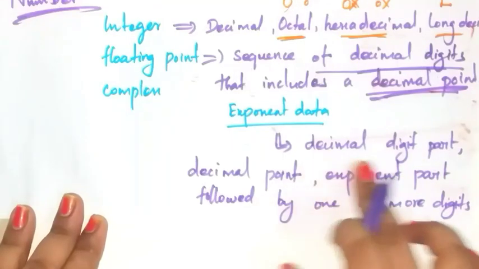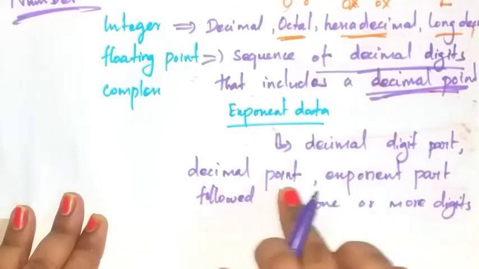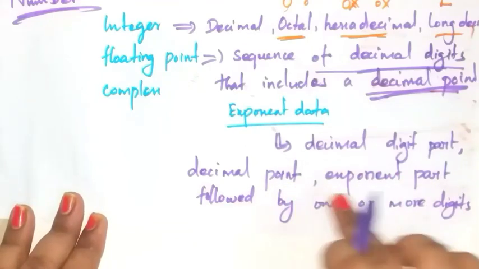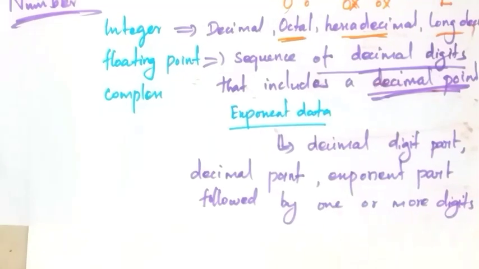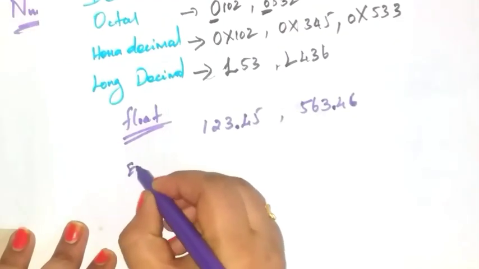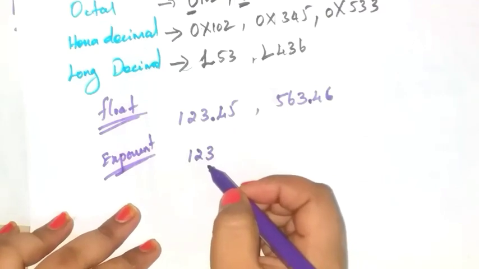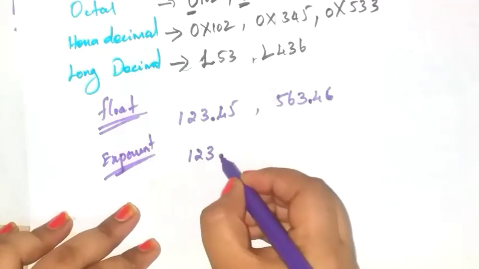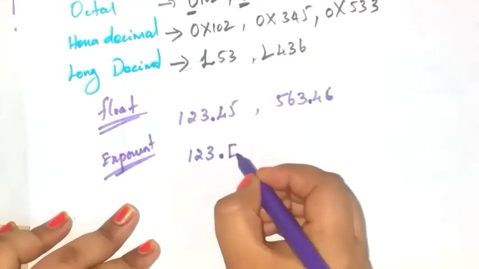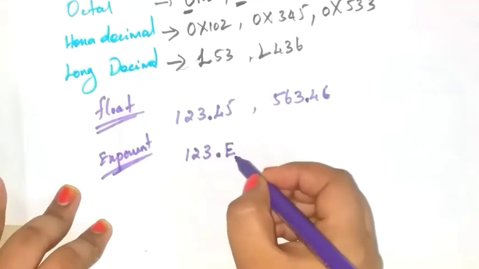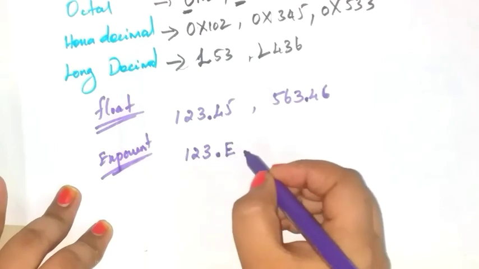First the decimal digit part, next the decimal point and the next exponent part, then followed by one or more digits. Exponent part means this is E, and this is called the exponent part, then followed by one or more digits.